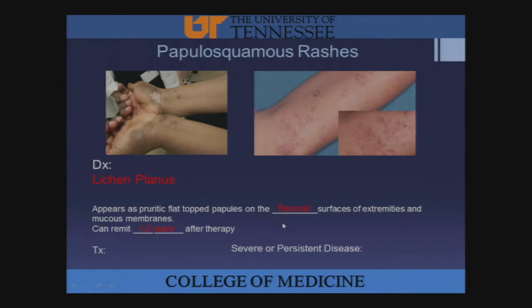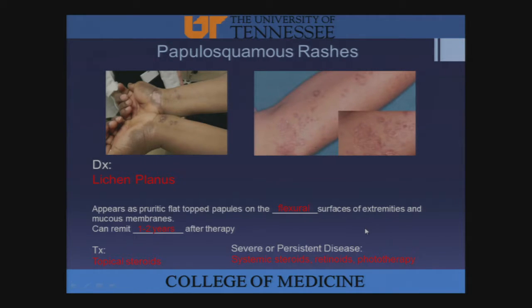One to 2 years. It can come back. And how do you treat this? Topical steroids. And if you have severe or persistent disease, then you jump up to systemic steroids. Phototherapy is one of the things. This is one of those things that responds to phototherapy if you have persistent disease, and retinoids.